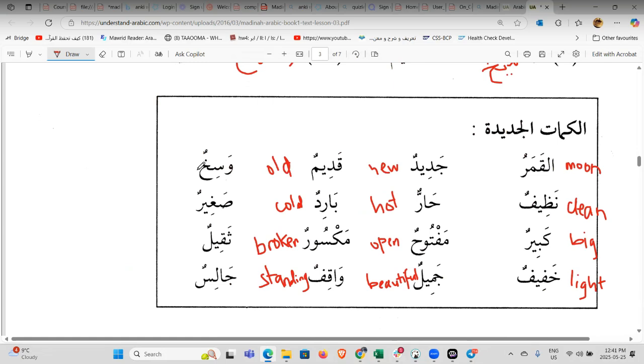Wasikh, dirty. Saghir, small. Thaqil, heavy. Jalis, sitting.